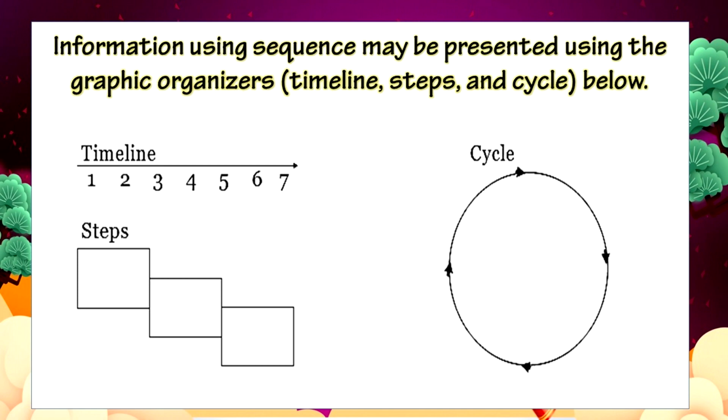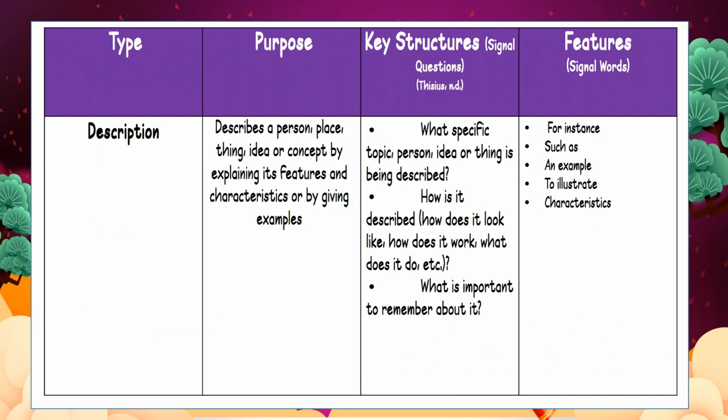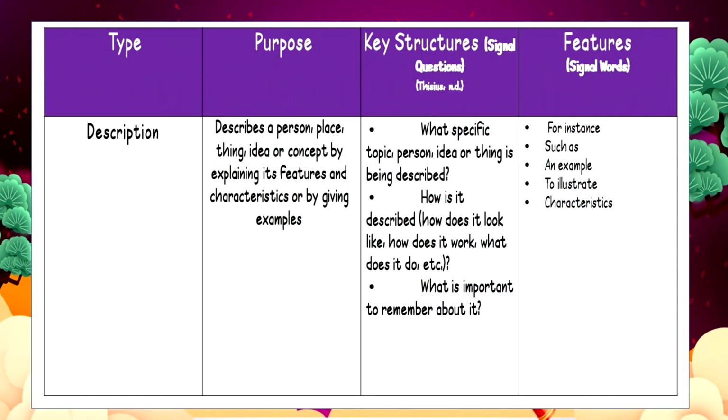The number 2 type is description. Its purpose is to describe a person, place, thing, idea, or concept by explaining its features and characteristics or by giving examples. So the signal questions or the key structures: what specific topic, person, idea, or thing is being described? How is it described? How does it look like?